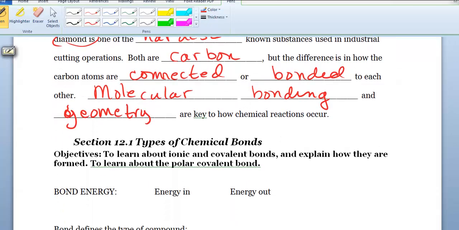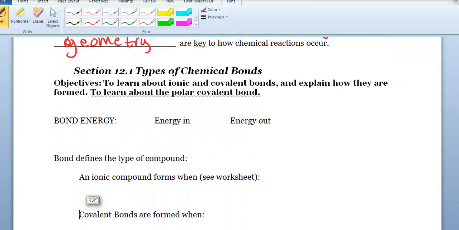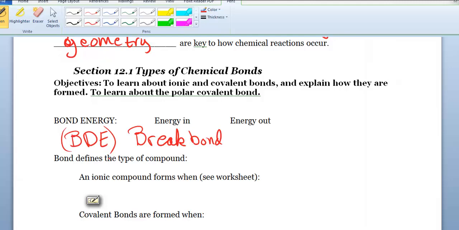Let's continue on and talk about the kinds of bonds. When we talk about a bond, it takes energy to break bonds. This is a little opposed to how biology thinks about things. If we're putting energy into a system, that energy is going to be used to break bonds. You don't need to remember this, but there are tables of what is called bond dissociation energy.